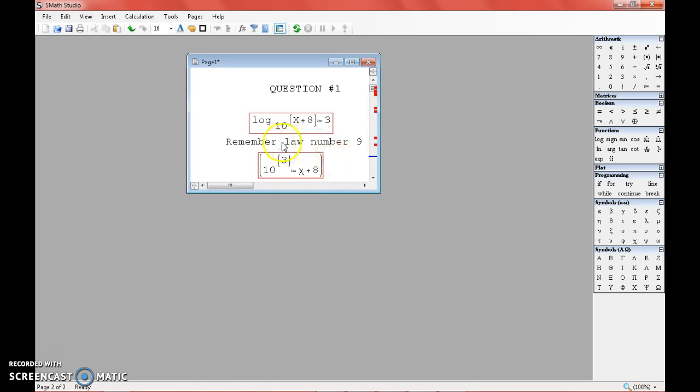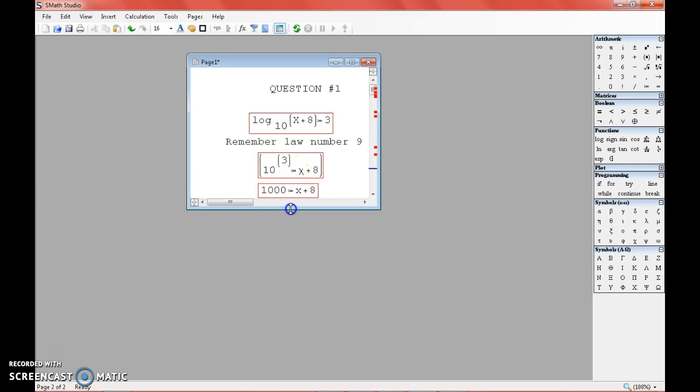Now you can transfer this logarithm form to an exponential form, or you can move vice versa. So in this case, we say 10 raised to the power of 3 would be equal to the x value in here, which is x plus 8.